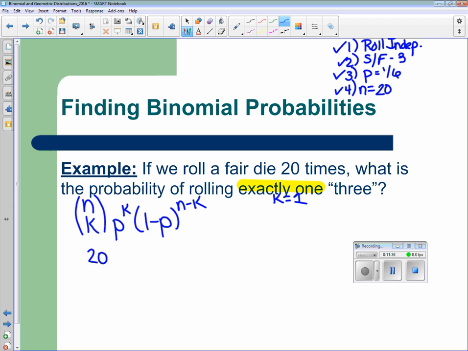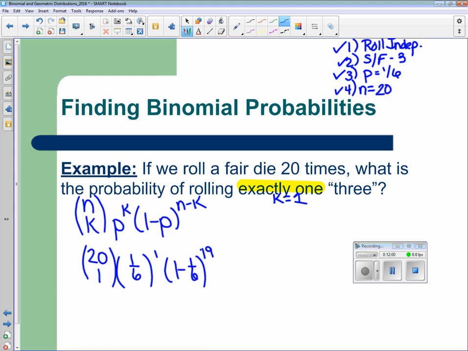So 20 choose 1. What was p? What's the probability of success? 1 out of 6. We're going to raise that to the what power? The first power, very good. And then we have 1 minus 1/6 to the 20 minus 1 power.